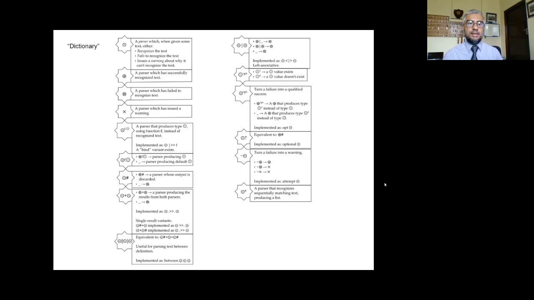Now, what we see in these nice spiky shapes over here are symbolic definitions, and next to each symbol is a meaning. And then we have this shape over here, which looks like the spiky shape, but with a dot in it. And that means any value or any type.